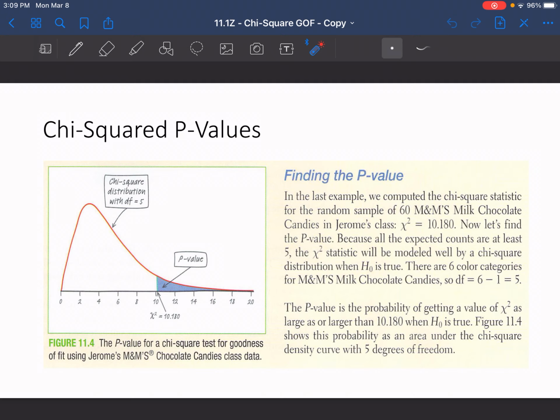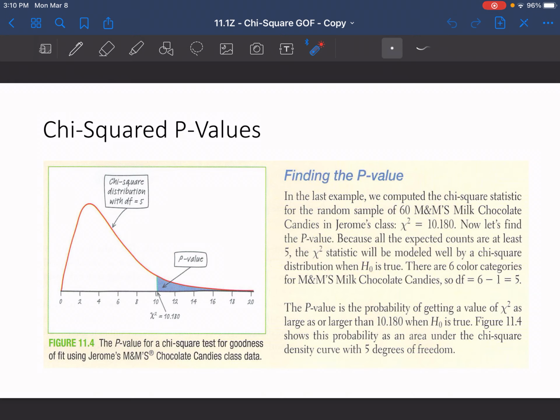And essentially what we're trying to find when we're looking at the p-value is the area under the curve when it is a little greater than 10 right here. So this whole blue shaded area right there represents the p-value, or the probability that we are going to get a chi-squared value as large or larger than that number when our null hypothesis is true.